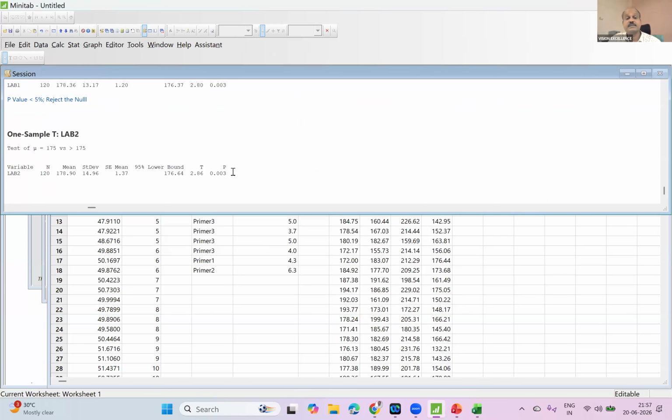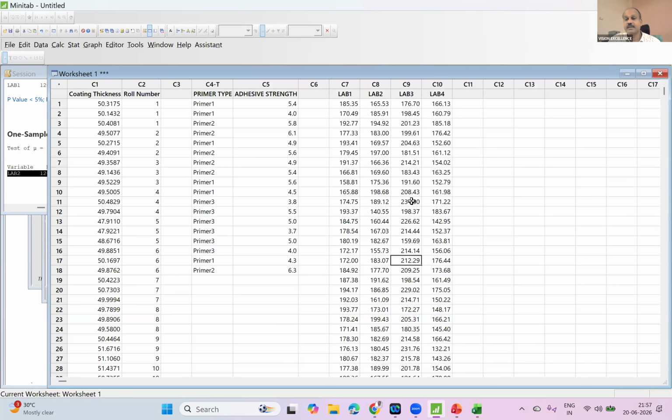So this is also disqualified. Yes or no? Yes. See why I disqualify? Because the p-value is below 5%. So the data has significant information, and that significant information is that it is not suitable.